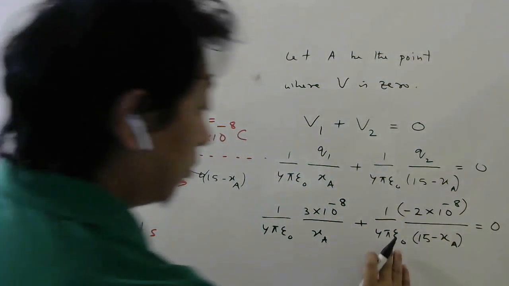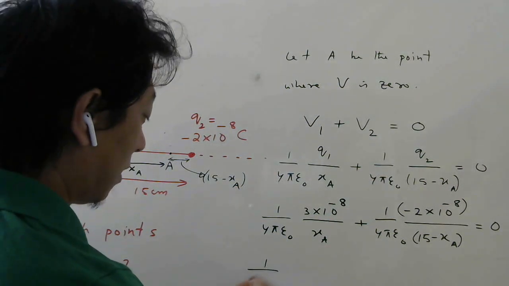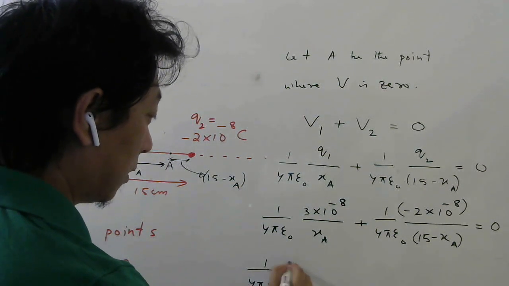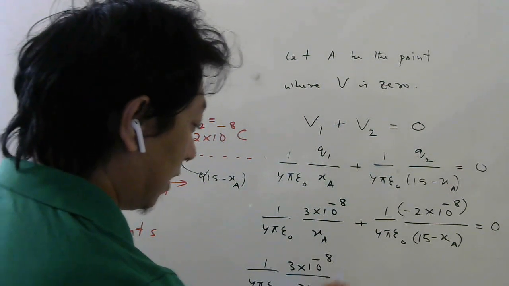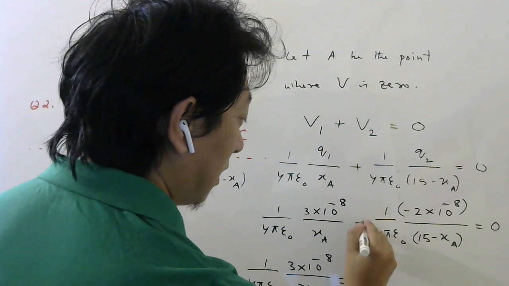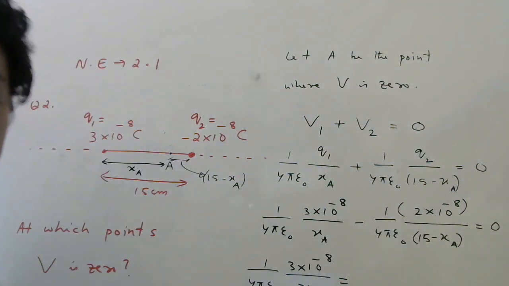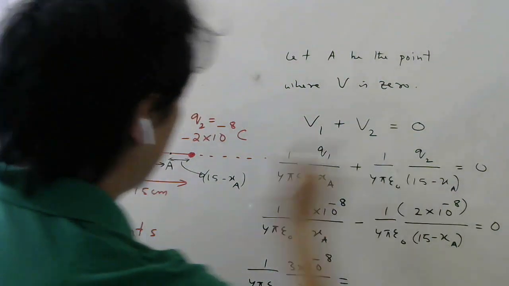Okay. Now if you take this one that side, see what will happen. 1 by 4 pi epsilon naught 3 into 10 power minus 8 divided by XA equals, this will go that side, plus minus will be minus, right? Next step you can write minus here, or directly also you can write minus because Q2 is negative.